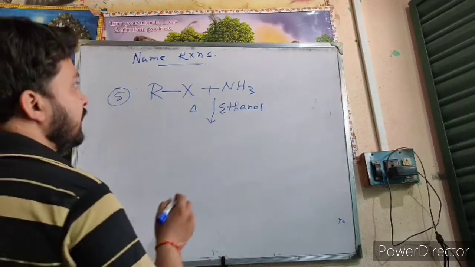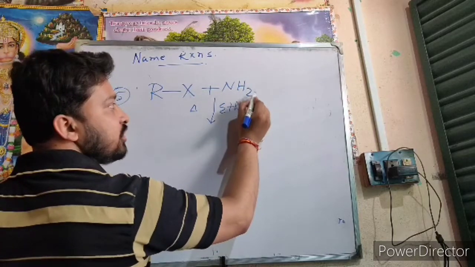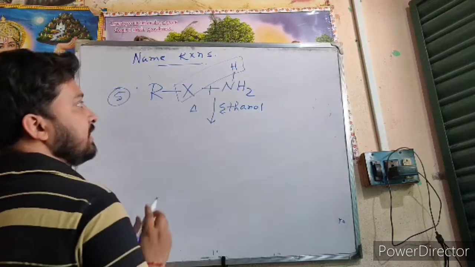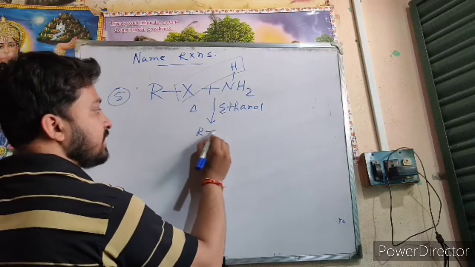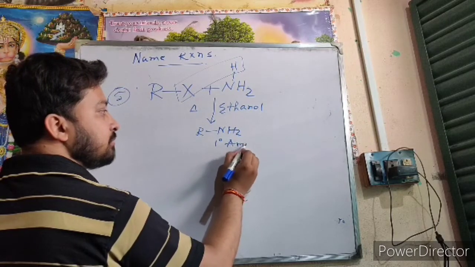What do you get? HX is removed from here. You can write it in this way, NH3, and you remove this HX. So the product is a primary amine, a 1 degree amine.